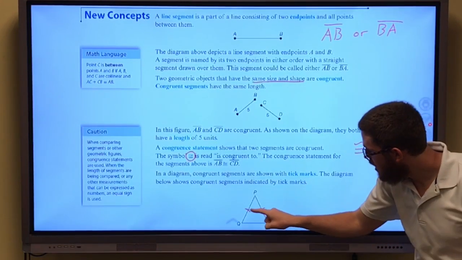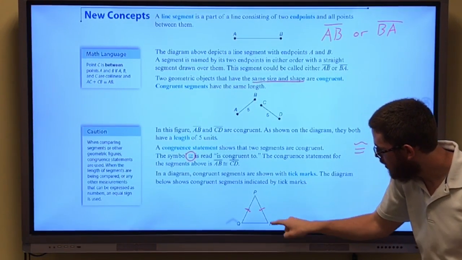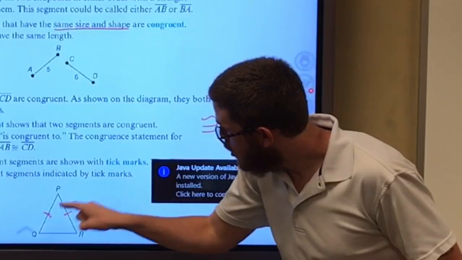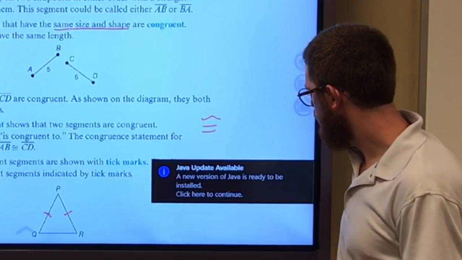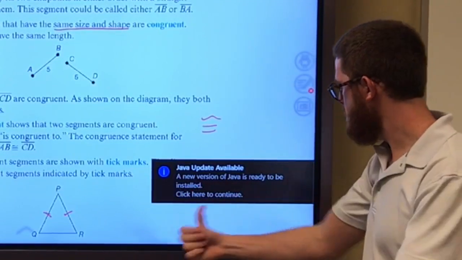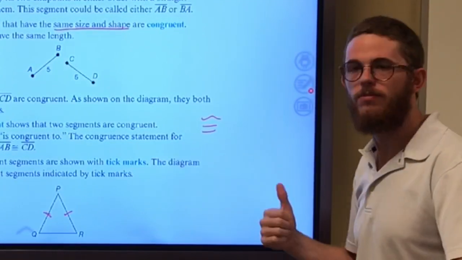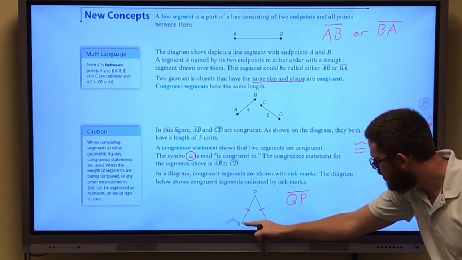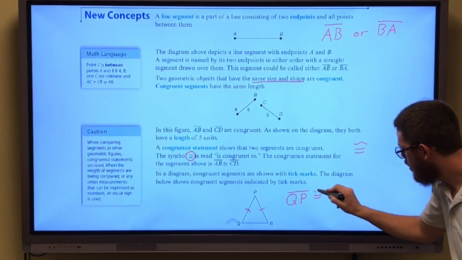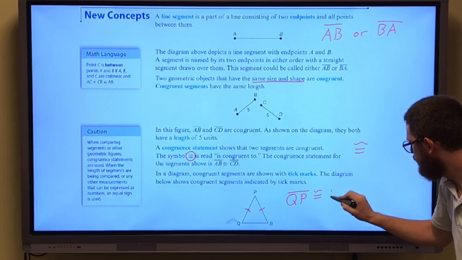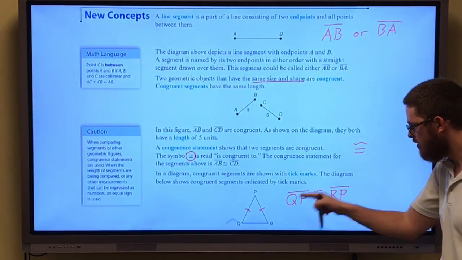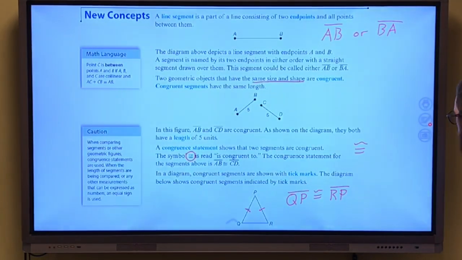So we're saying that since this one has one tick mark and this one over here has one tick mark, we've now shown that QP, since it has the same tick mark as RP, we can say QP is congruent to RP.